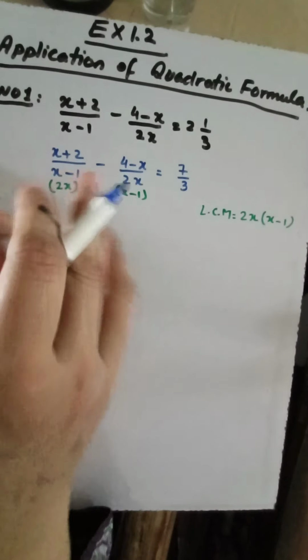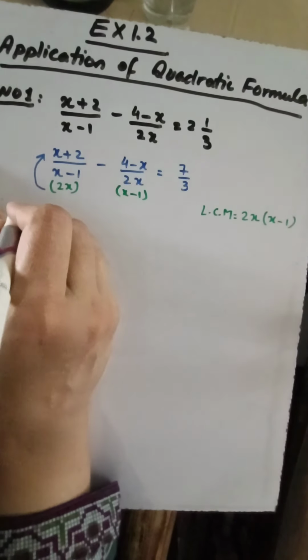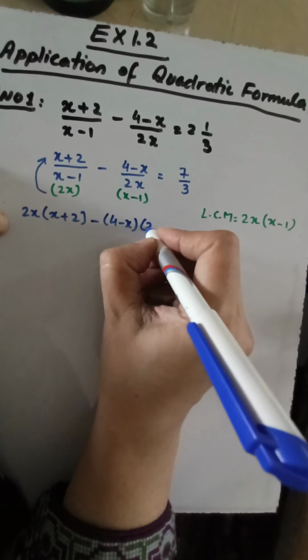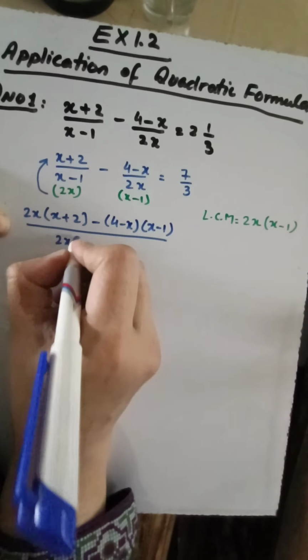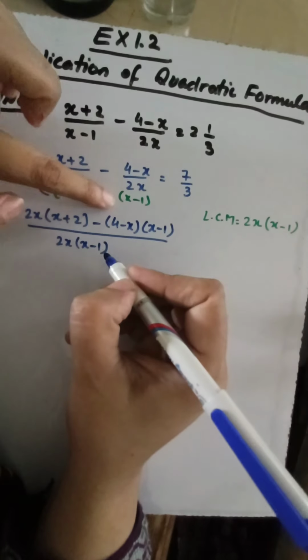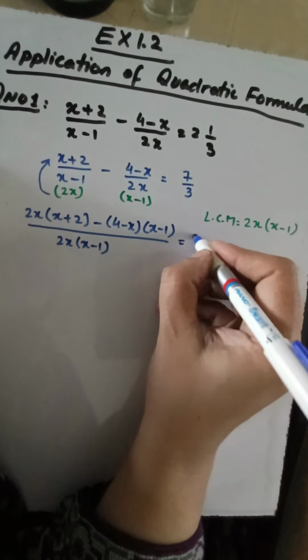So I have written the missing things that we are going to multiply. Now multiplying 2x with (x plus 2), I am going to get 2x into (x plus 2) minus (4 minus x) into (x minus 1) over 2x into (x minus 1), equals 7 over 3.